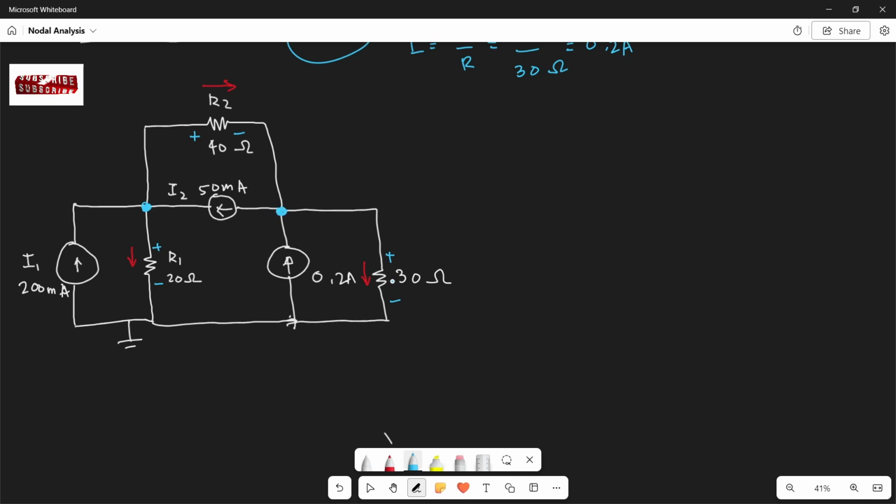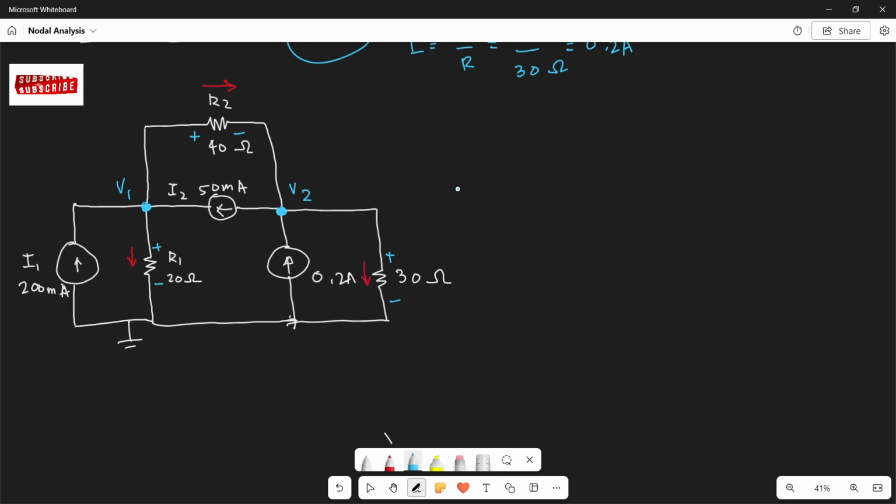Let's assign this node as V1 and this node as V2, meaning the voltage at this point with reference to ground, and at this point with reference to ground. So V1 and V2. Now that we have all the current directions, polarities, and nodes, we have identified the nodes and the reference node.